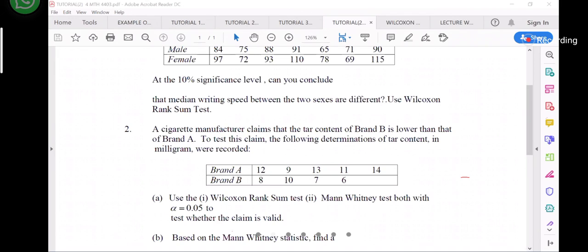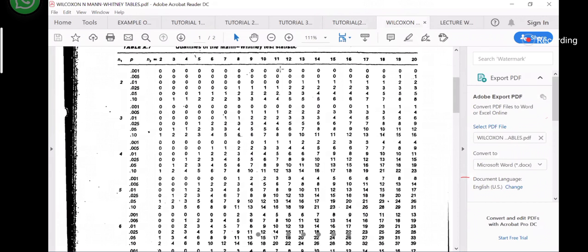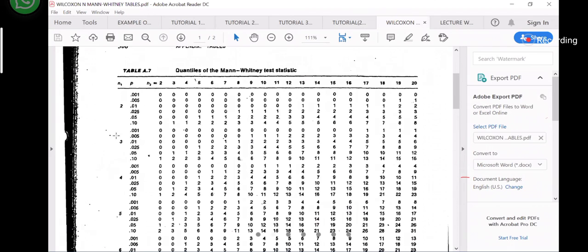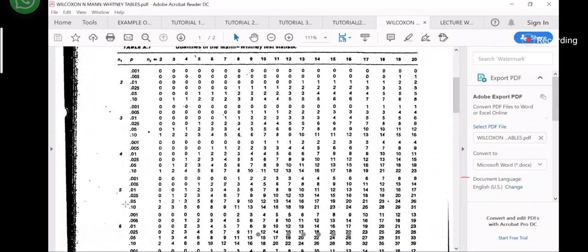Okay, lower. Another thing before I forget. You should also know how to get the p-value. Let's say look at this Mann-Whitney test. Let's say your sample sizes are 5 and 6.